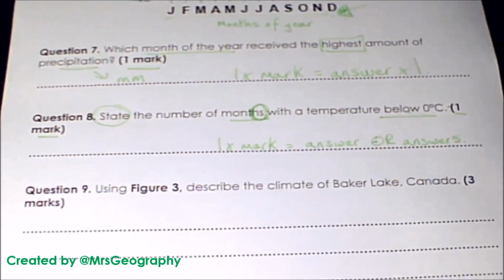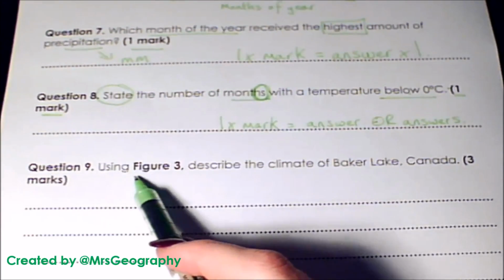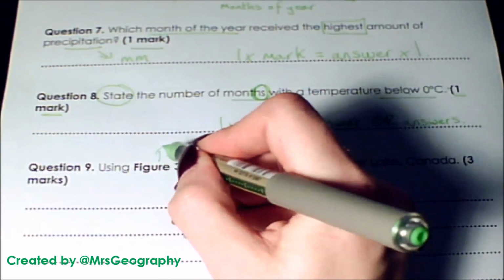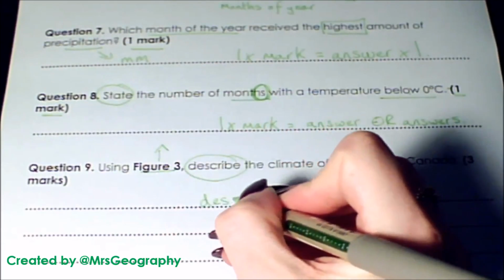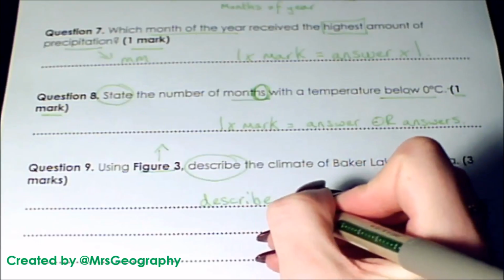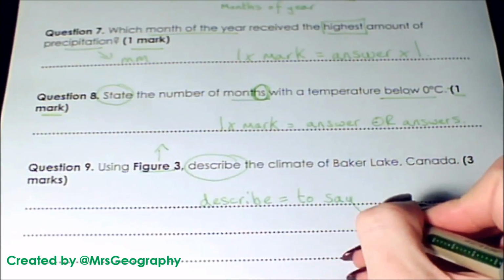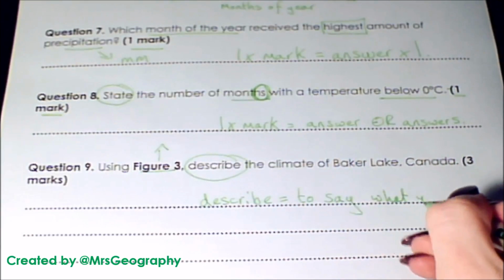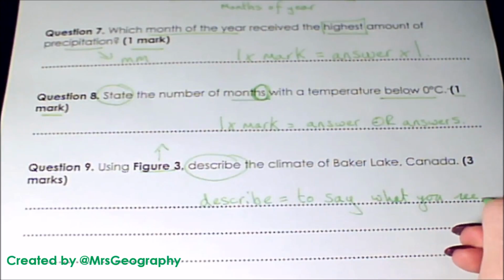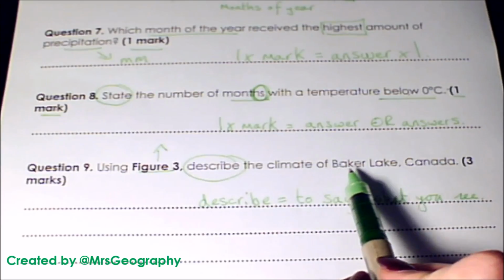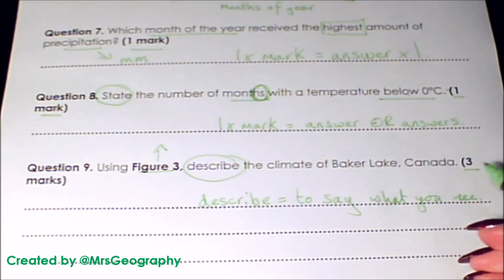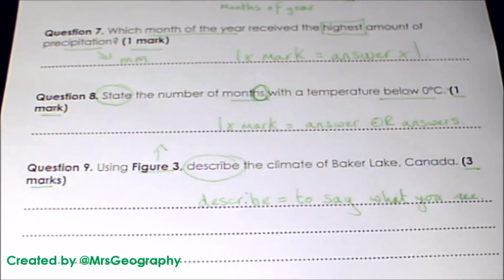Okay, if we move on to question 9, so we've got to use figure 3, again figure 3 is above us. We've got to describe this time, so describe simply means to say what you see. Now for saying what we see, we know that we've got to look at the climate of Baker Lake, Canada, and this time it's worth 3 marks.